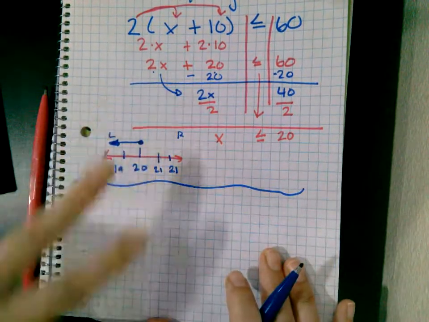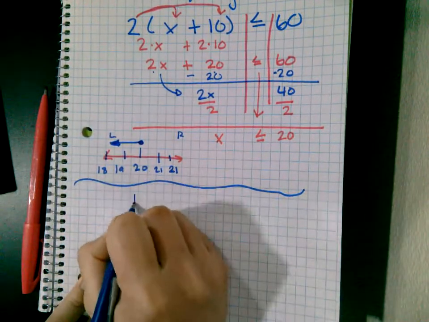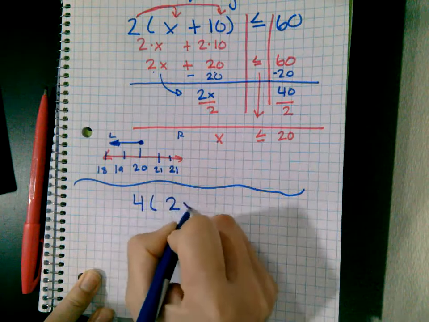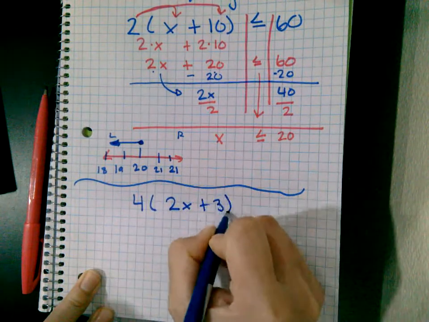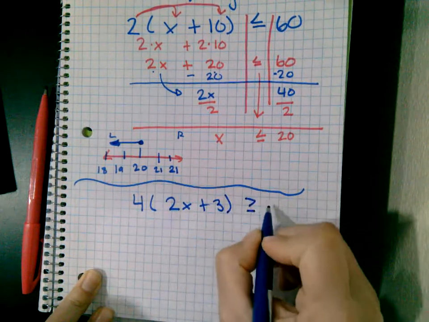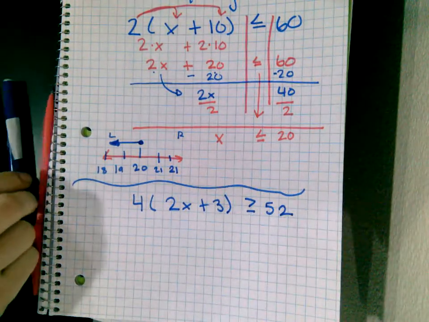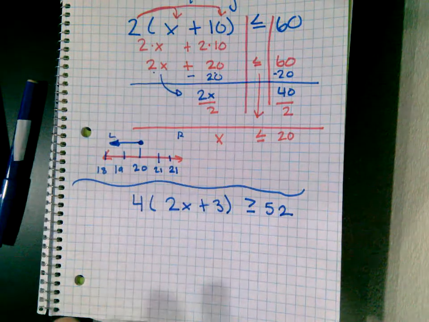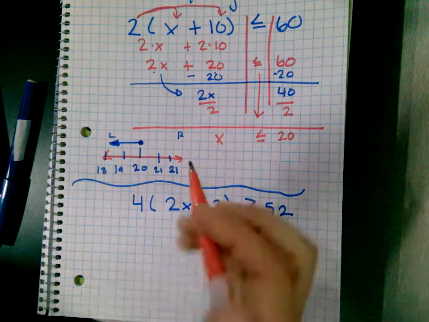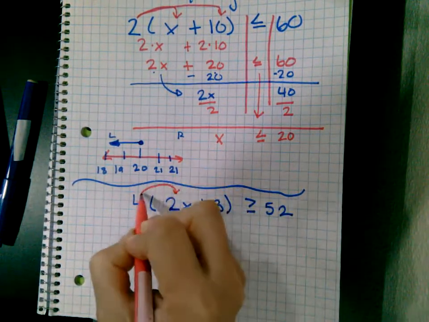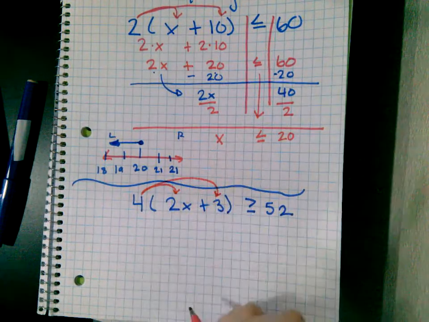All right, level 2. We'll have 4 parentheses 2x plus 3 parentheses is greater than or equal to 52. First things first, we're going to distribute the 4 to everybody. Everybody gets a 4.